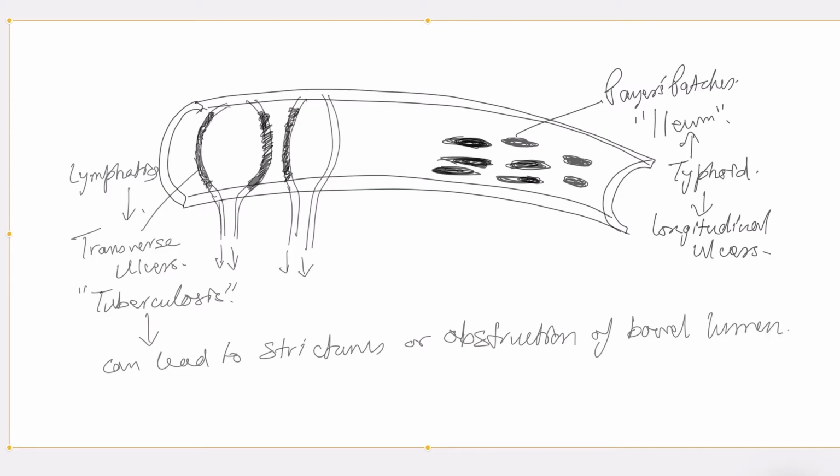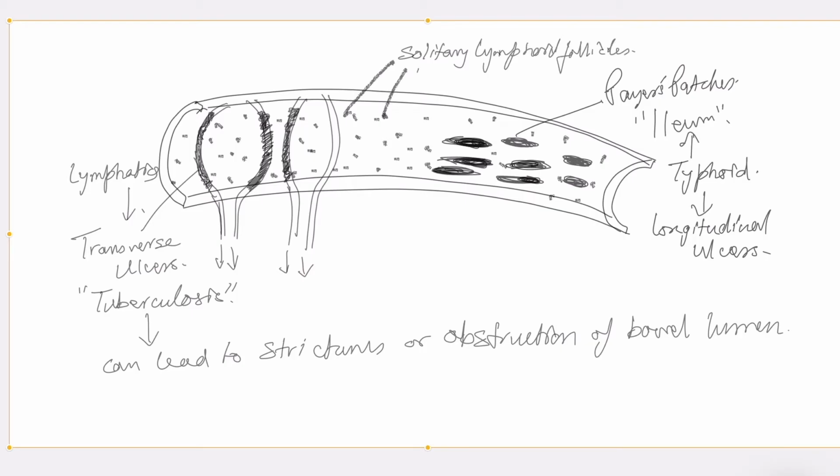Another thing I already told you before, that there are solitary lymphoid follicles scattered throughout the length of the small as well as the large intestine. Even in the appendix you find these solitary lymphoid follicles. These are present in both small intestine and large intestine.